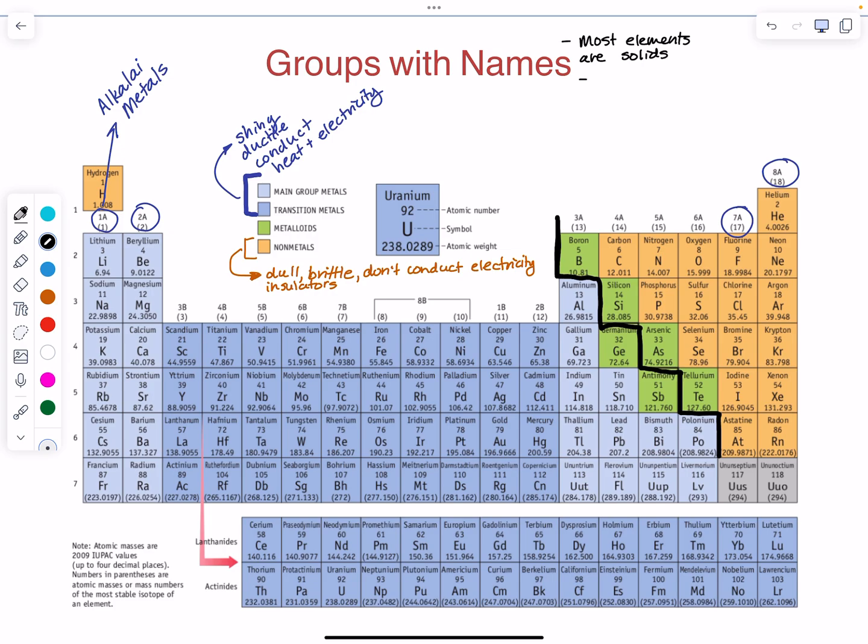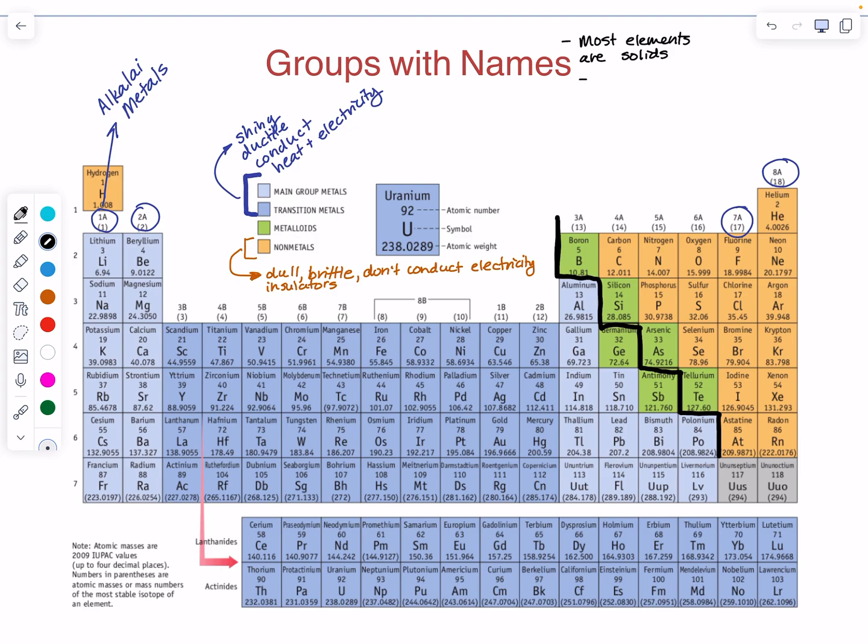Does anyone know the two that exist as liquids normally? Gallium actually is a solid at room temperature, but it melts very easily. So that's like the third liquid one, but it has to be like you're down in Florida in the summer kind of thing. Is bromine one of them?